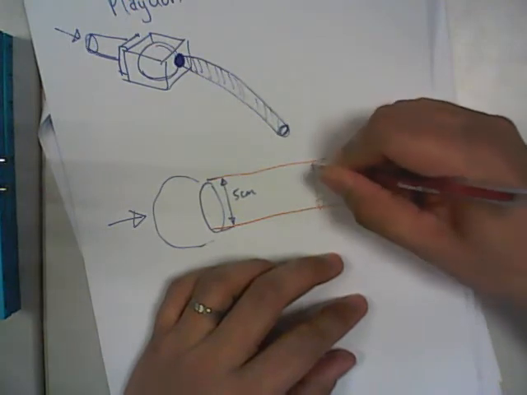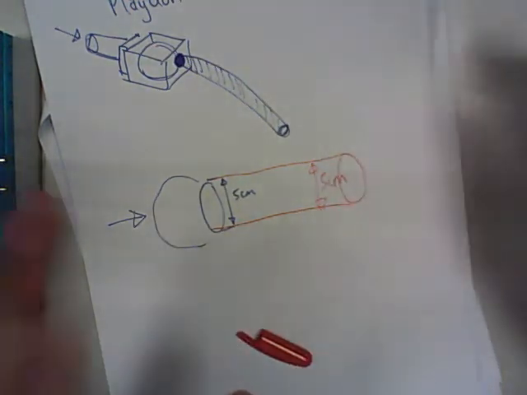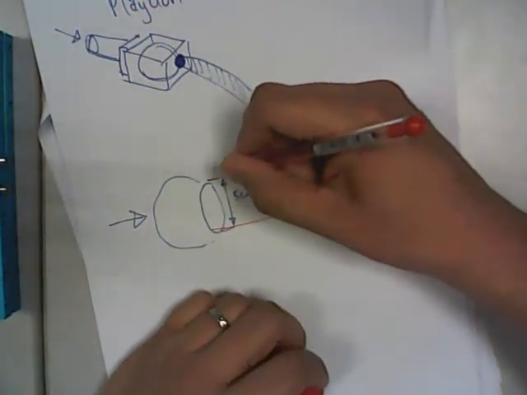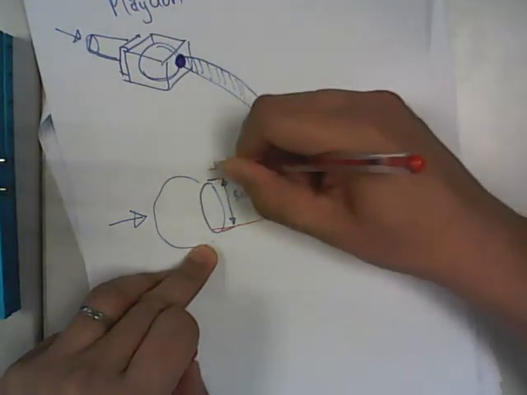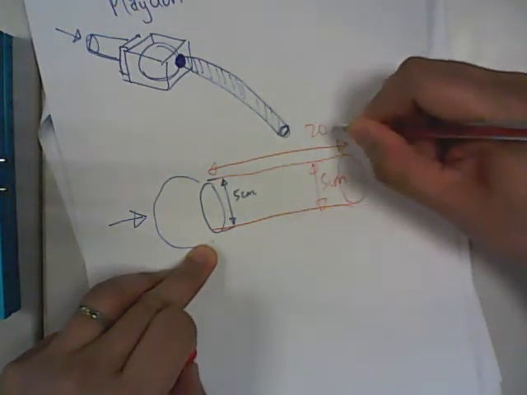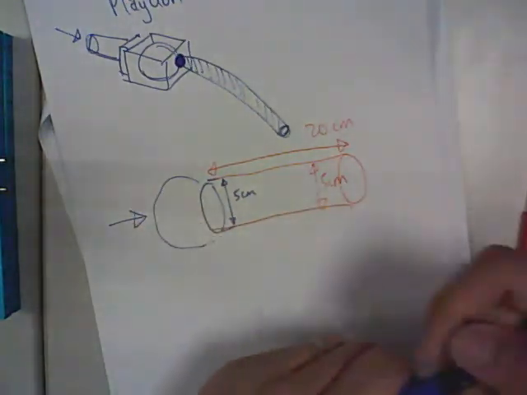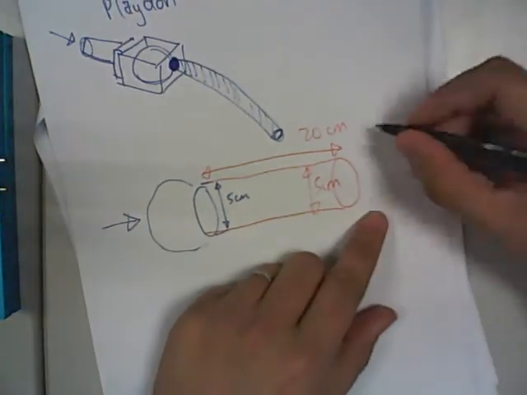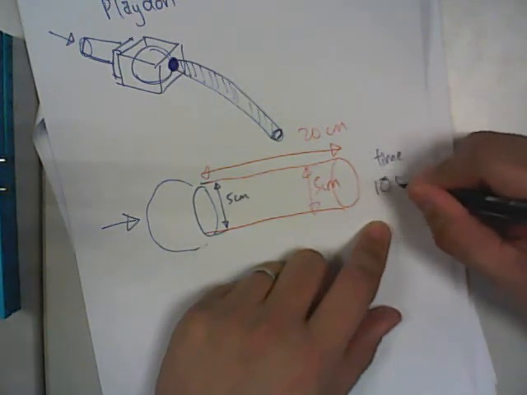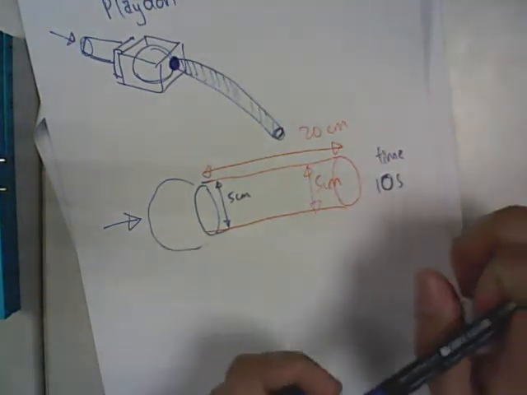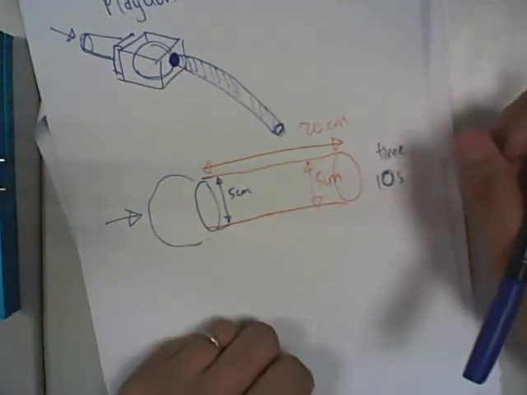So this will also be 5 centimeters. So for example, if we manage to squeeze a tube that is 20 cm long over a time of 10 seconds, what do you think is the equivalent flow rate?